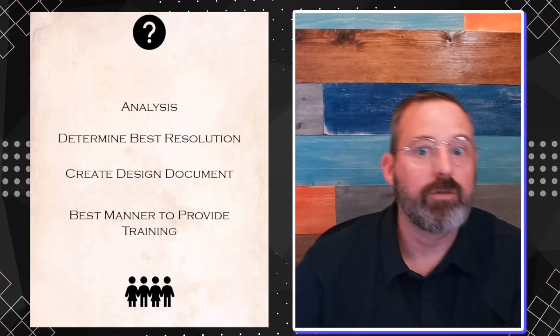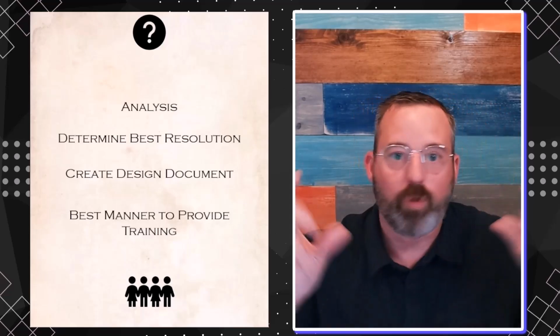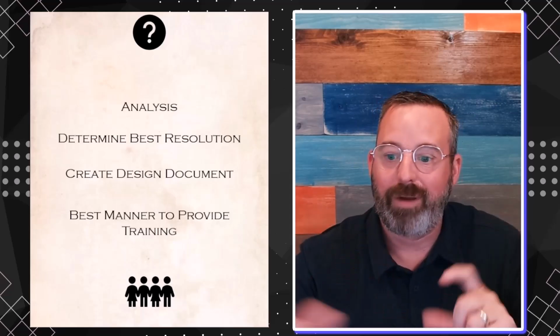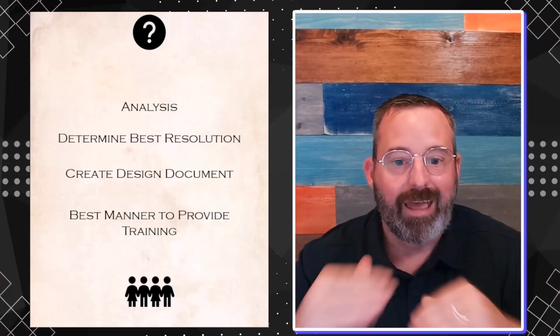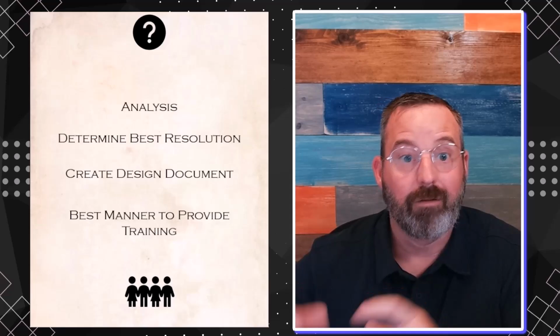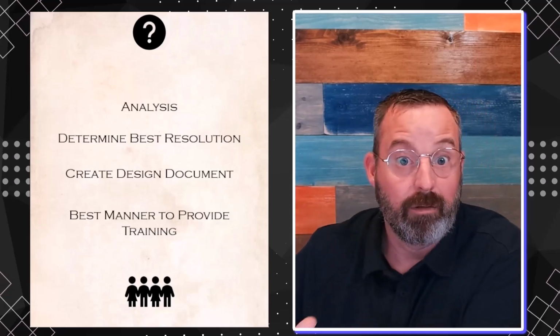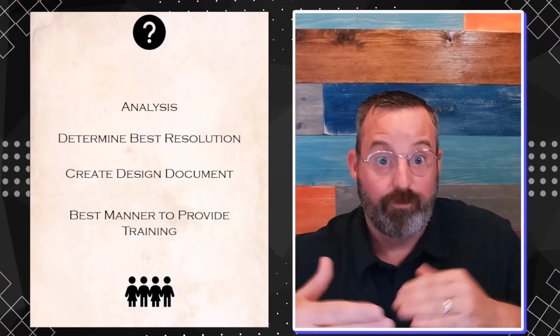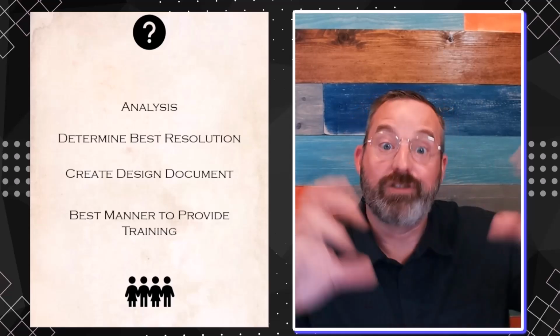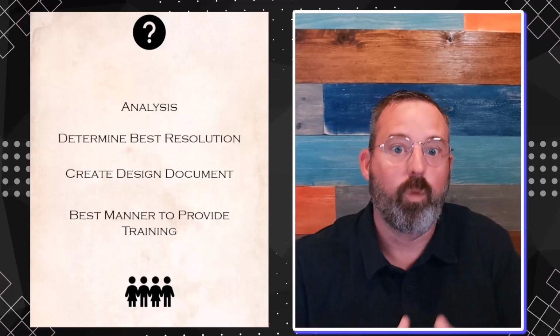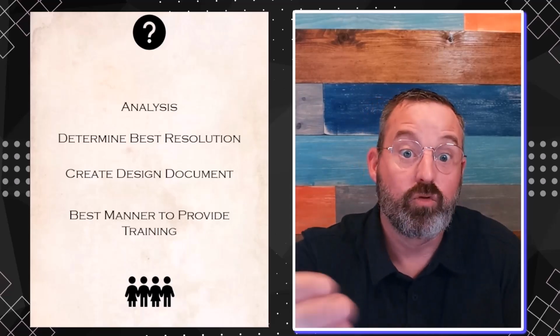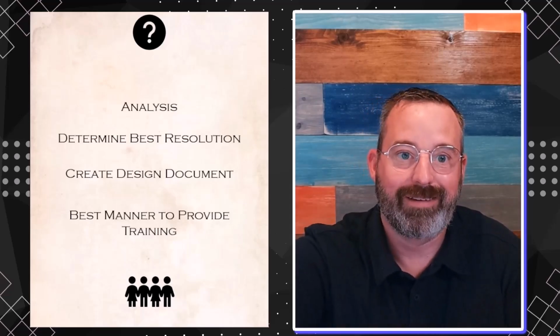Do we need to let a certain amount of people go? We're trying to figure out what's the best manner. Not every issue needs to be resolved by training. For the rest of this, we are going to imagine that it does, that we do determine training needs to happen.